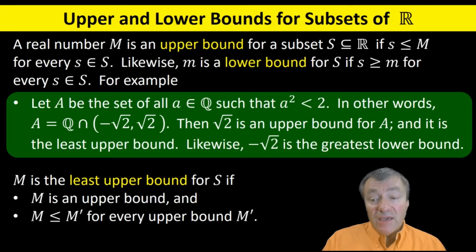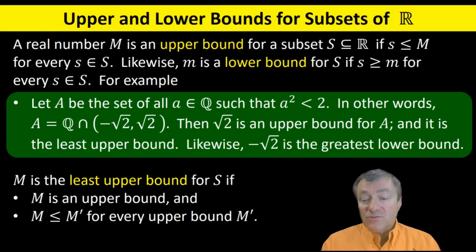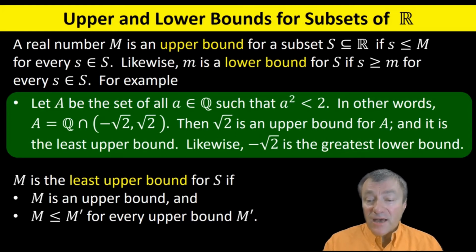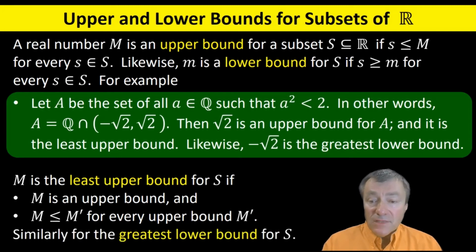But we can say if capital M is a least upper bound, then it's the only one. There can only be one, if any, least upper bound. That's why we speak of the least upper bound rather than just a least upper bound. There can, however, be many upper bounds. Similarly, we define the greatest lower bound, which again may or may not exist, but if it does, it's unique.